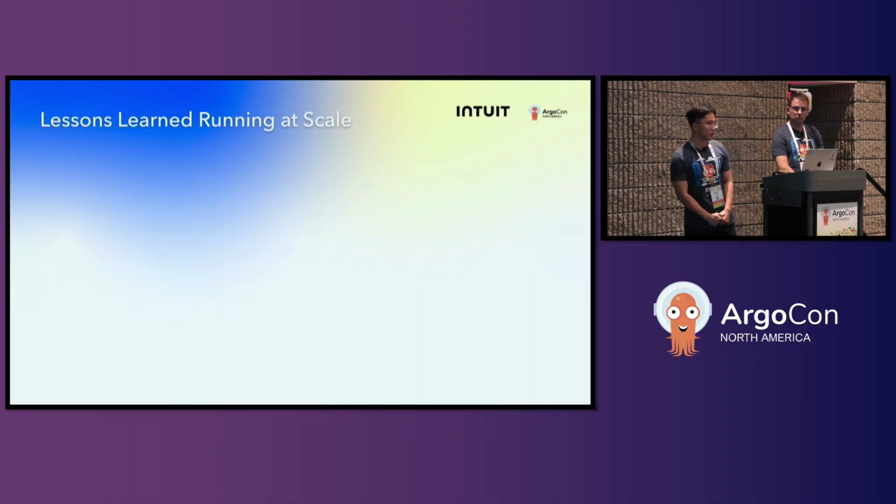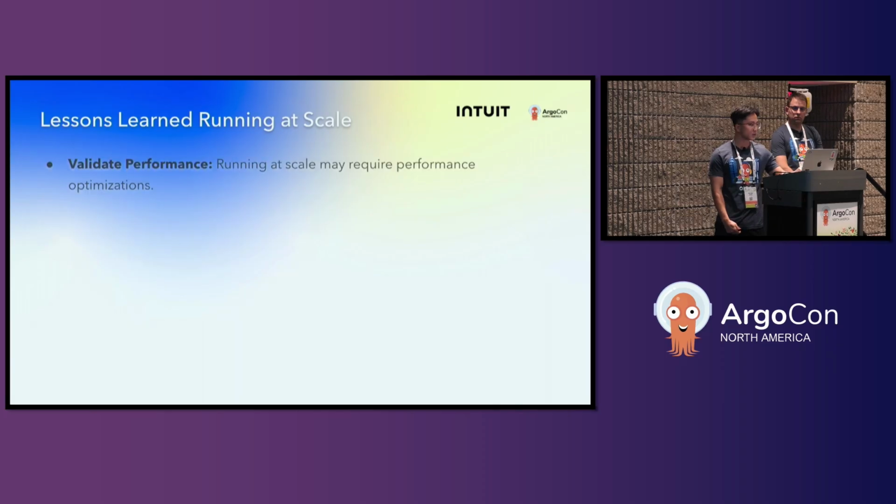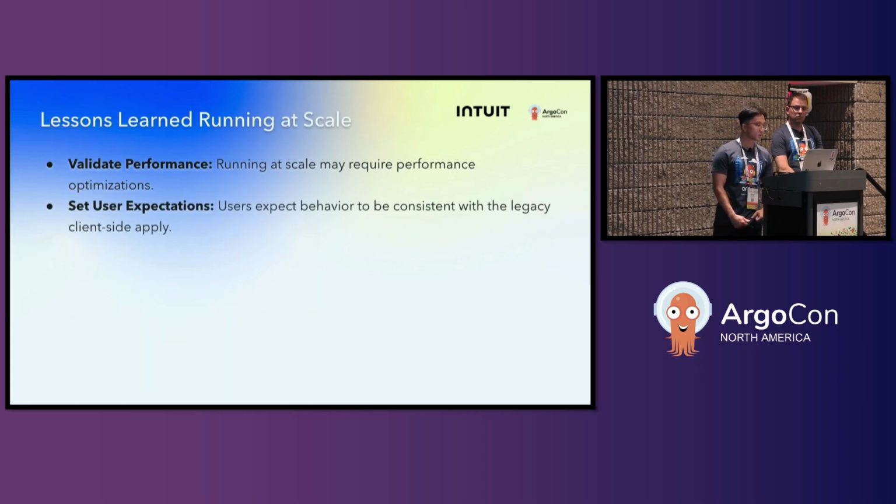Okay, so while running the server-side diff at Intuit, we have a few lessons learned. It's important to validate the performance, to test the performance of server-side diff, making sure it works well for you. The next one is setting user expectations, as users may see some new schema errors that they haven't seen before.